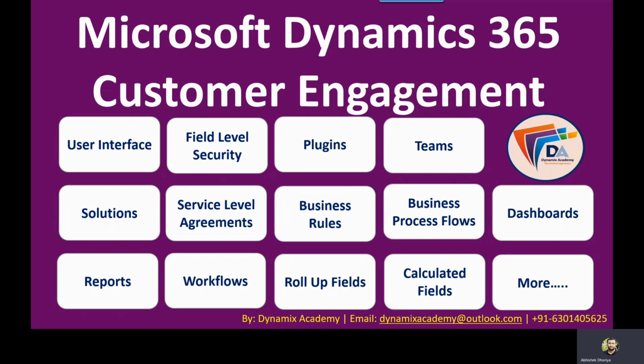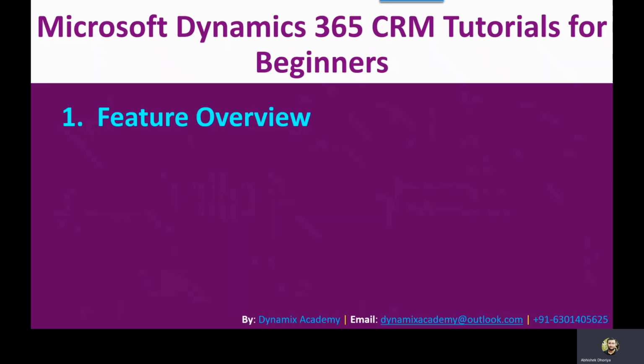On your screen you can see the list of various existing features of Dynamics 365 customer engagement. Basically what we are going to do is first of all pick one of the features and give you an overview about that particular feature in Microsoft Dynamics 365. Then we will cover a brief history of that feature.